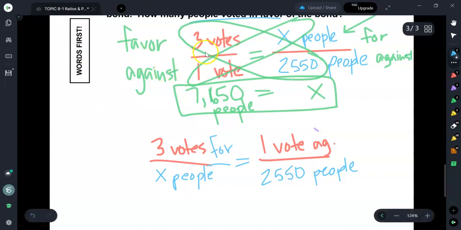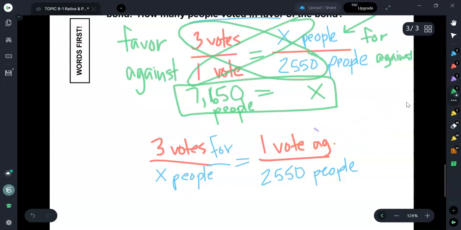Again, look, do you see how I have votes and votes are lined up and down? Votes and votes are lined up across. No diagonaling. And they match up. 3 votes on top means the people in favor on top. 1 vote on top, people against go with it. So you can solve it both ways.